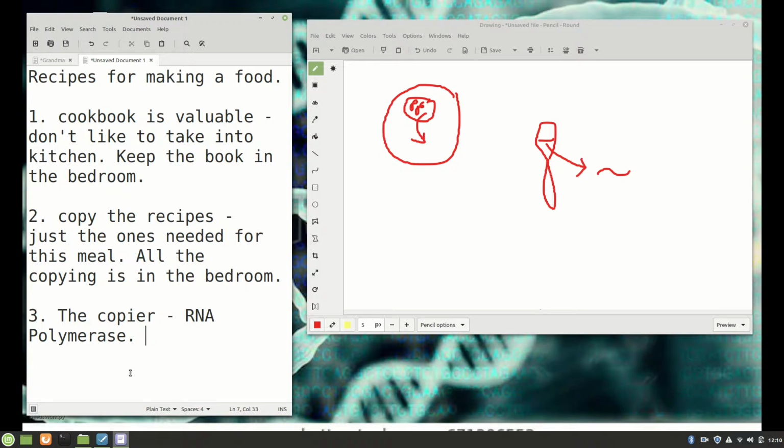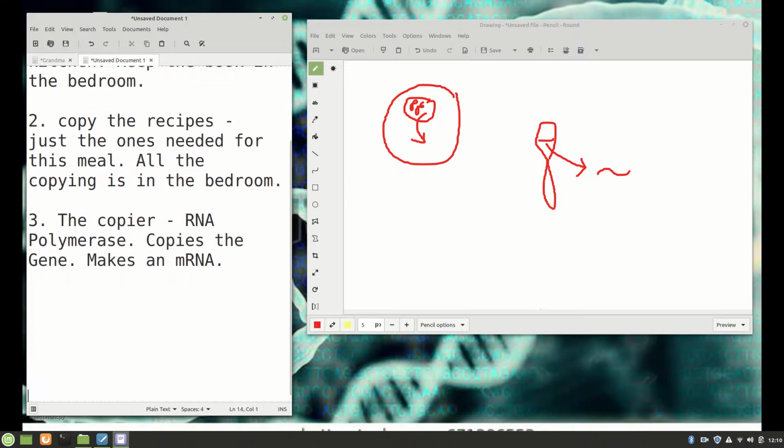The RNA polymerase copies the gene, the little piece of DNA that has the instructions on it, and makes an mRNA, which then leaves the nucleus.